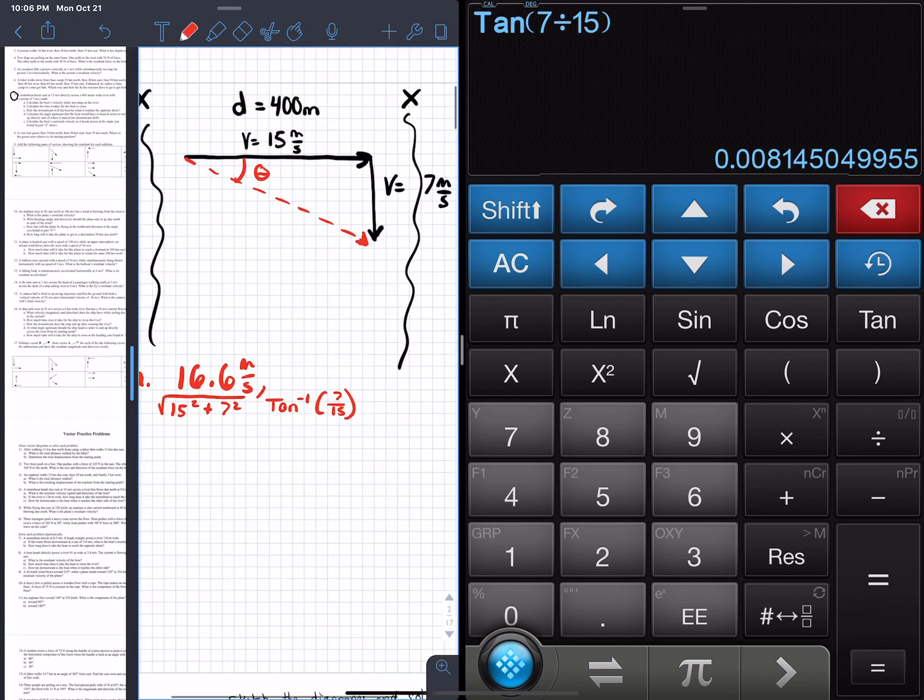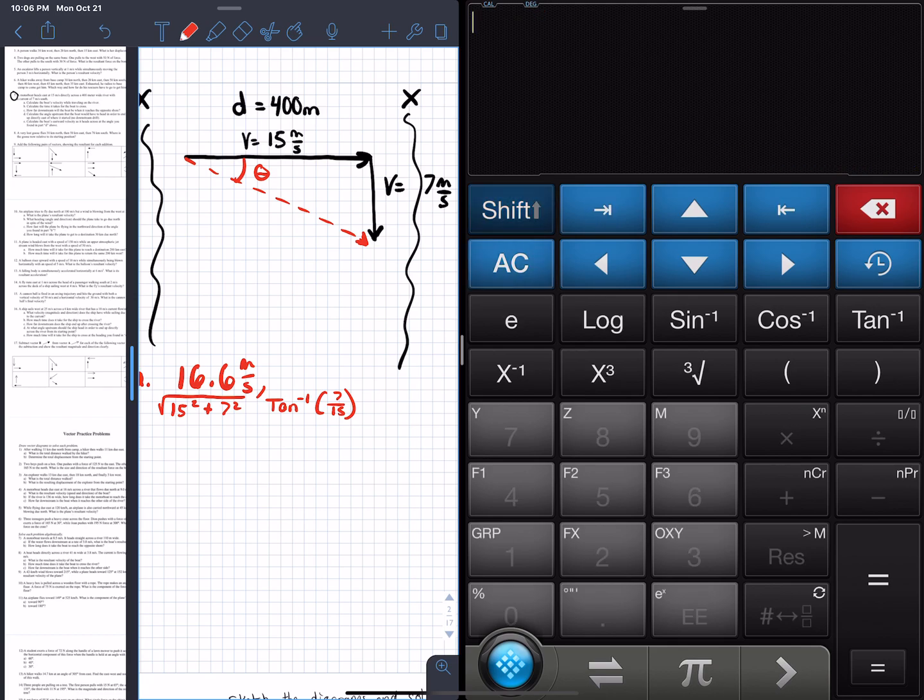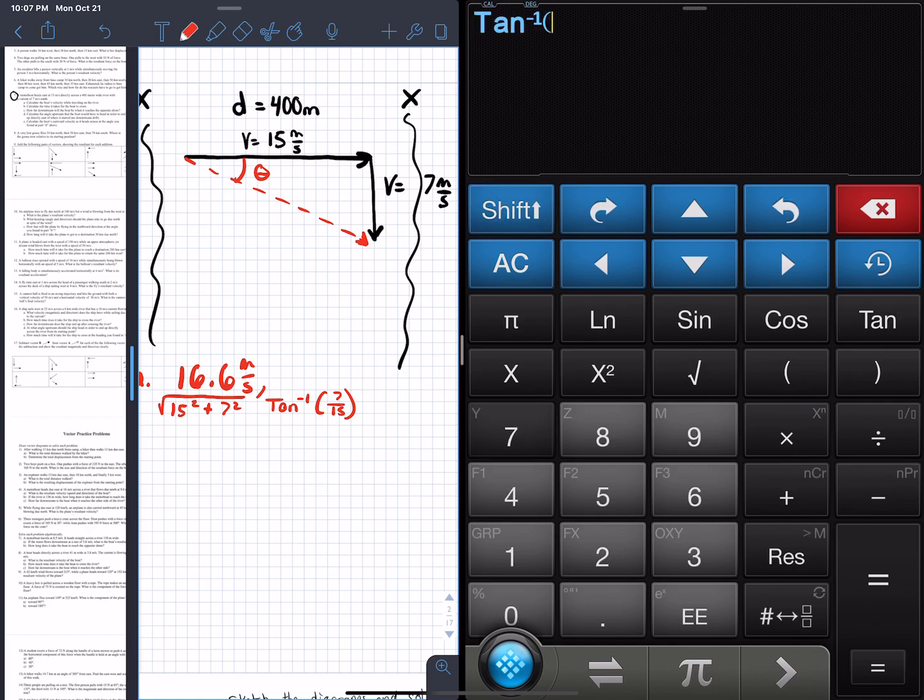I didn't have the inverse tangent. I knew something was weird because there's no way that the angle we drew in there could be a 0.008 angle. So that can't be right. I didn't hit the shift. Okay, now we're going to get the right thing. So we go 7 divided by 15, and now it's a 25-degree angle.